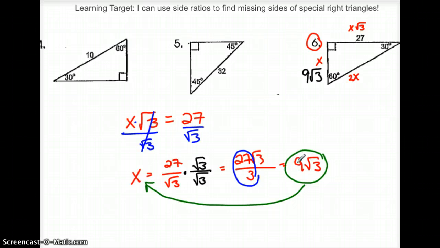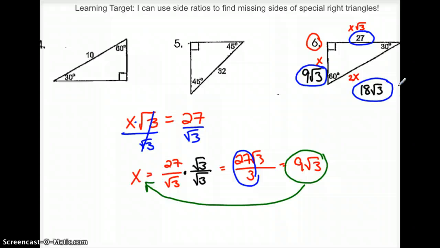So I need twice of this number that I got for x, which, be careful, twice of 9 is 18. Your radical 3 doesn't change. Okay? So these numbers in the black, I'll circle them. That's the side measure, that's the short leg, that's the hypotenuse. Okay, so those are the 3 sides of the triangle.